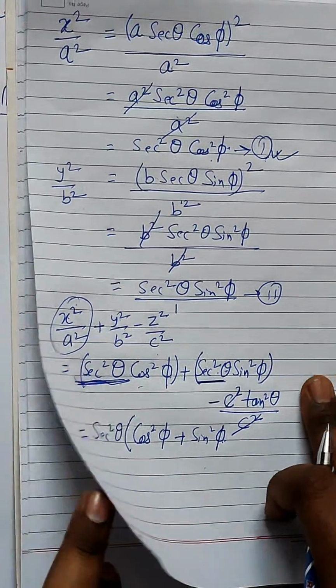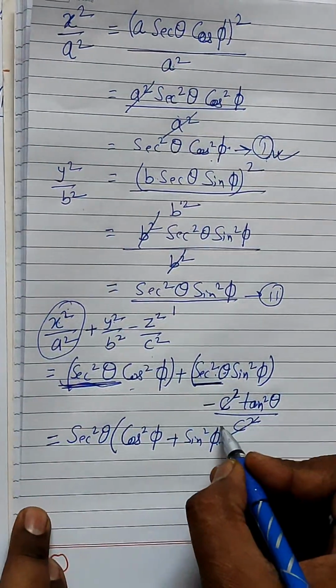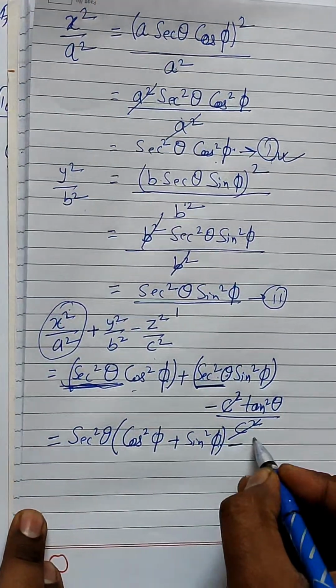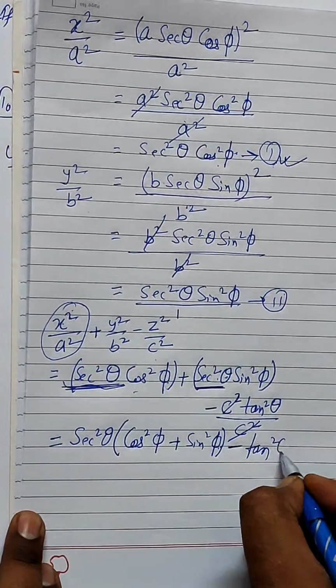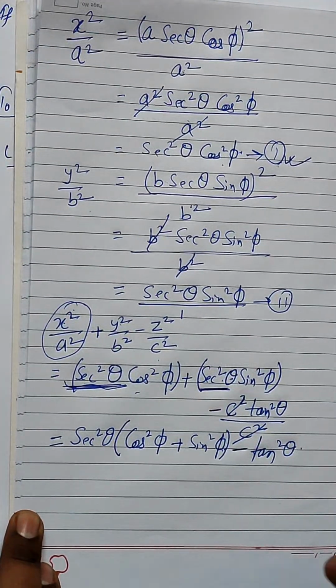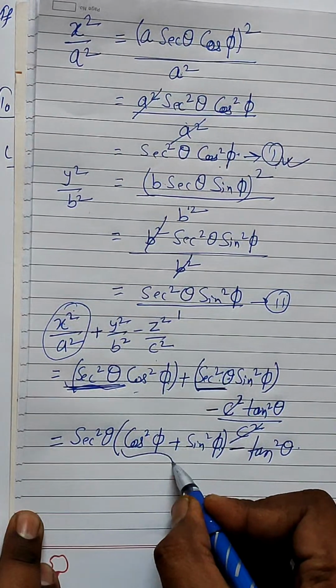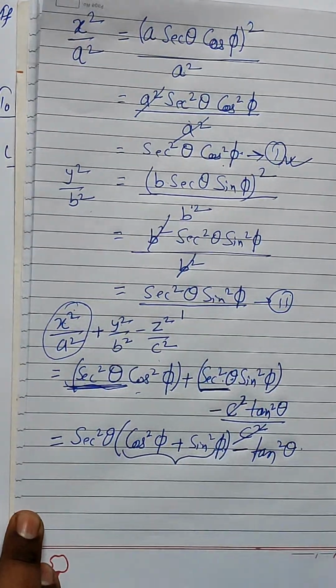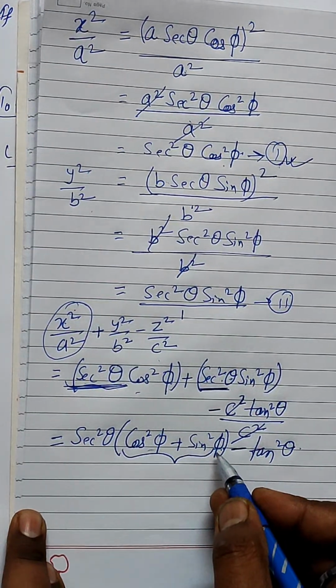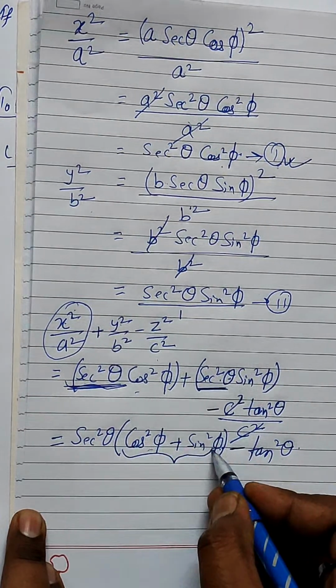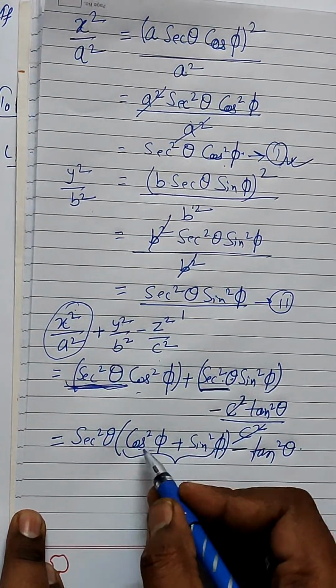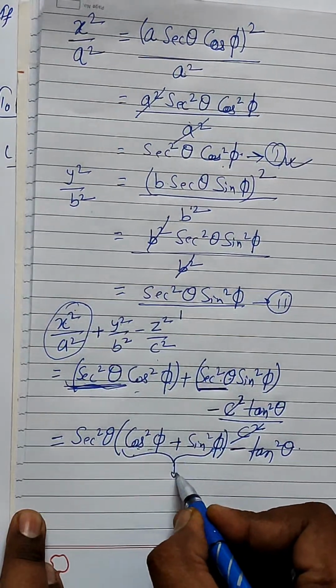Yeah, I think this is visible in a good way. Plus sin square phi minus tan square theta, right? And you know the value of sin square phi plus cos square phi, or sin square theta plus cos square theta, whatever be the angle, forget it. The sum of the squares of sin A and cos A will be equal to 1.